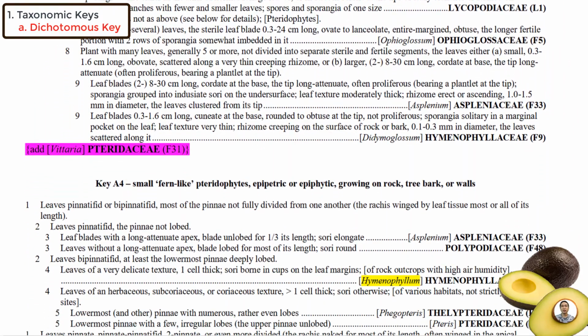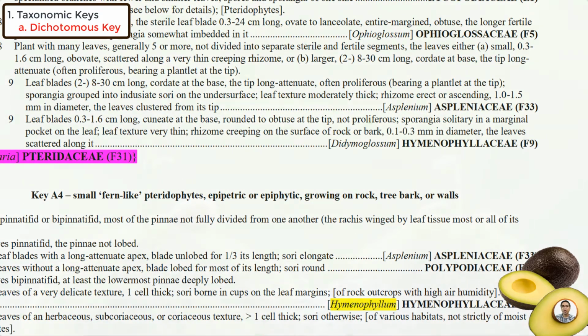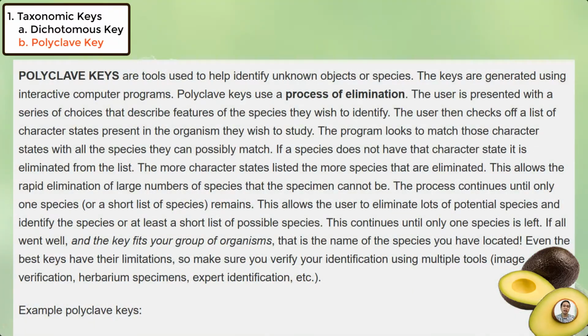Let us now look at another type of key called a polyclave key. As the term implies, this uses a variety of character states. What are these again? Your character states, things like, for example, your flower color, seed shape, fleshy or woody stems, root structure, and many more.